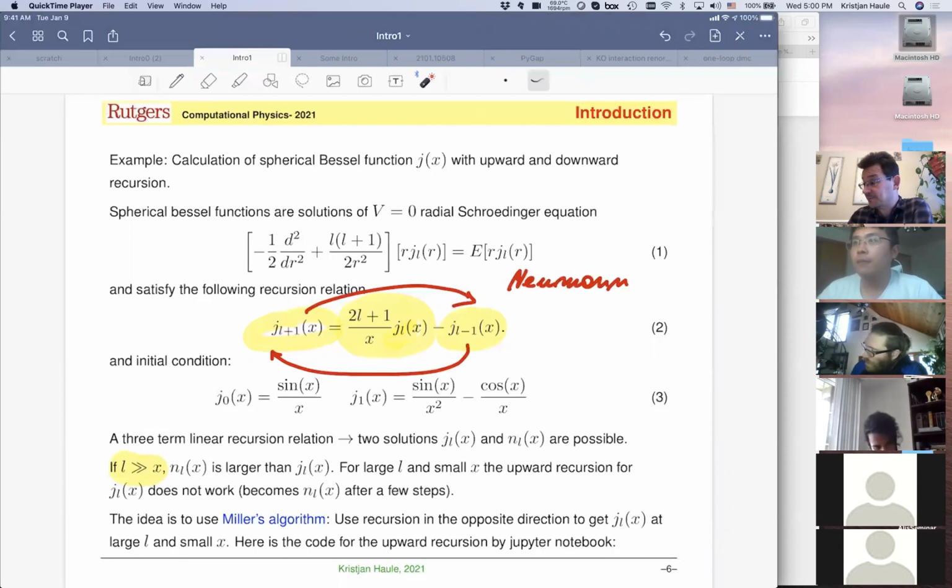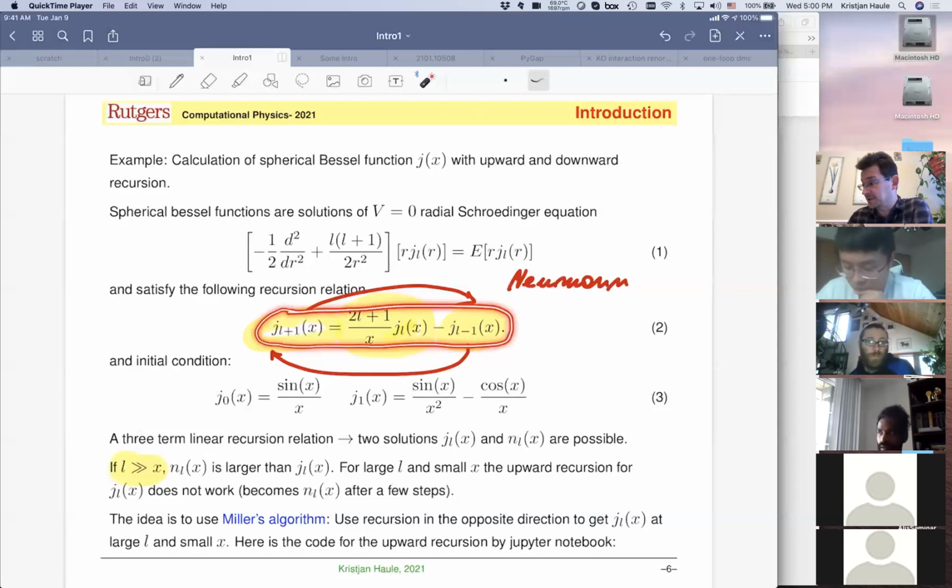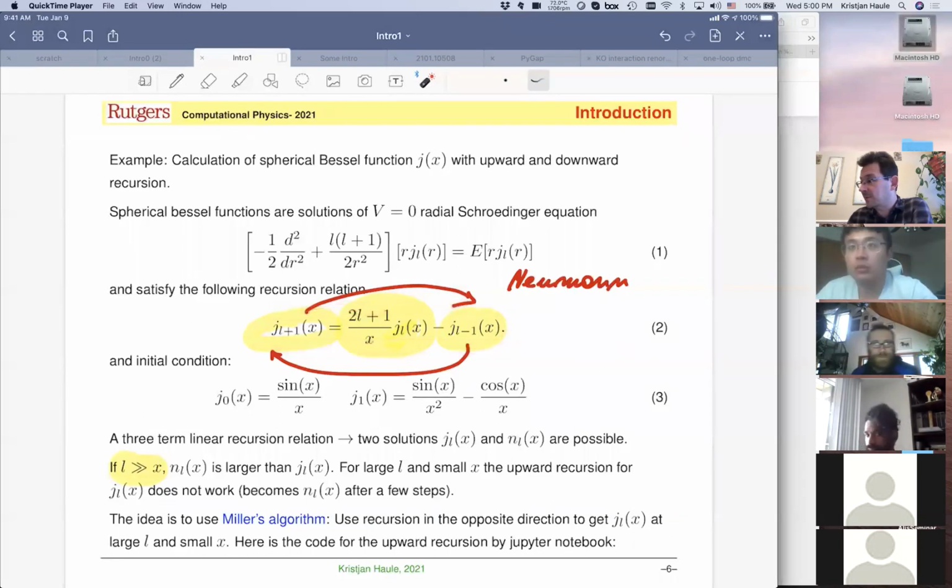So we have this recursion relation, how to calculate J. This is the so-called recursion relation of the second order. So if we have L and L minus one, we can calculate L plus one, or if we have L and L plus one, we can also calculate L minus one.